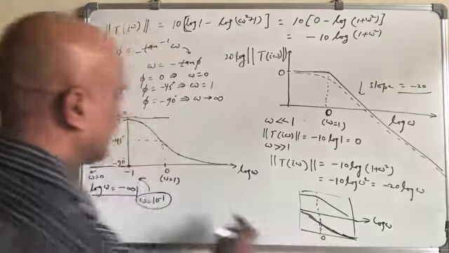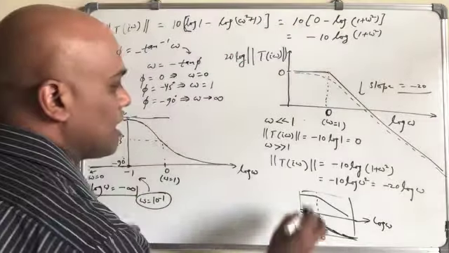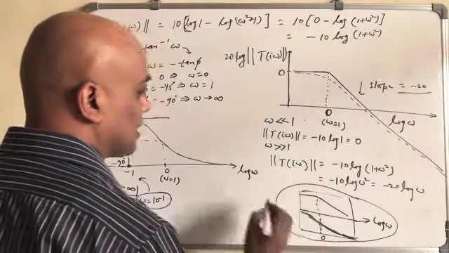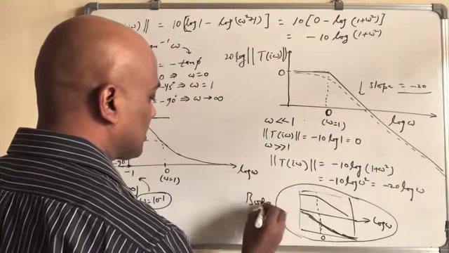So you can plot like this one. Same thing will be there. So this is what is known as Bode diagram.